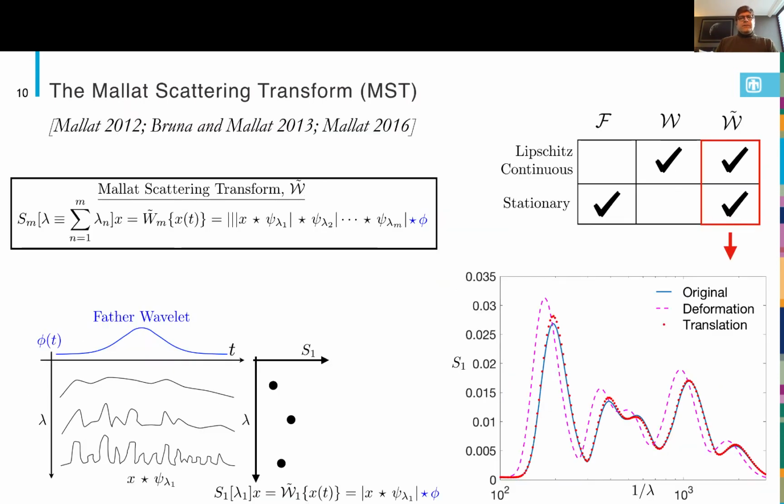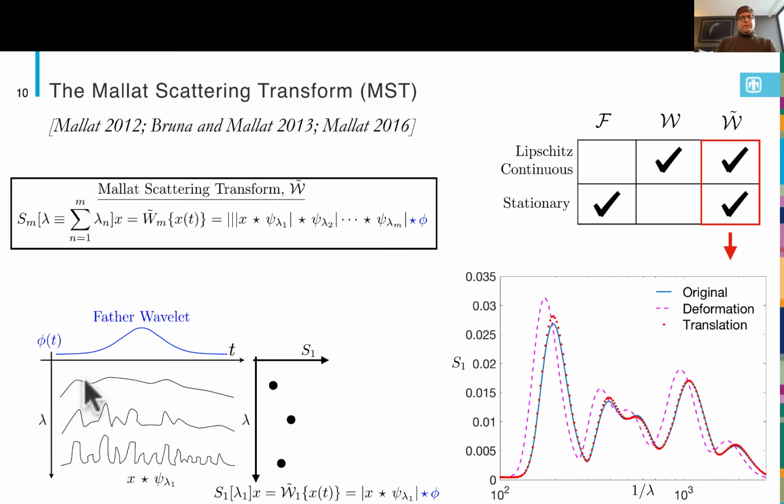What did Stefan realize that he should be doing? Well, for every mother wavelet, there's a father wavelet. In this case, it ends up being sort of a Gaussian window at the size of the largest deformation of the mother wavelet. And you can use this as a windowing function and apply it to the transformation.